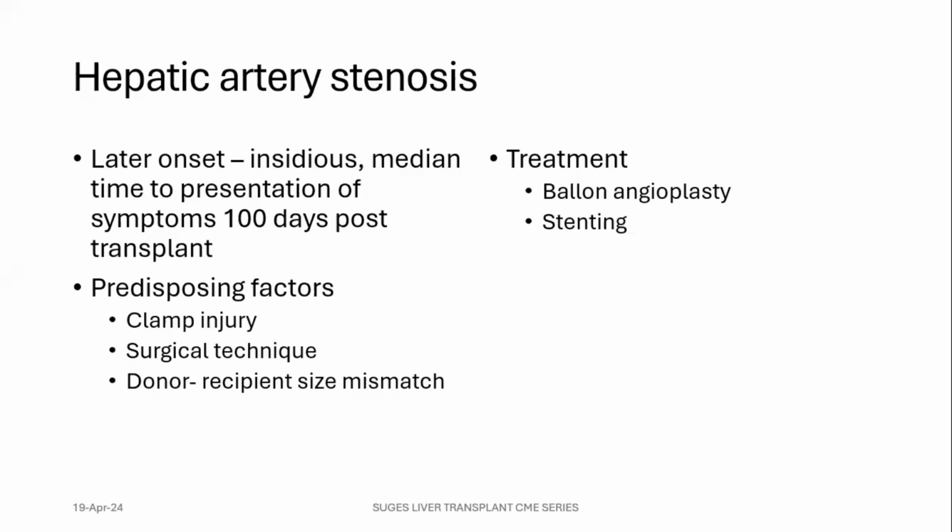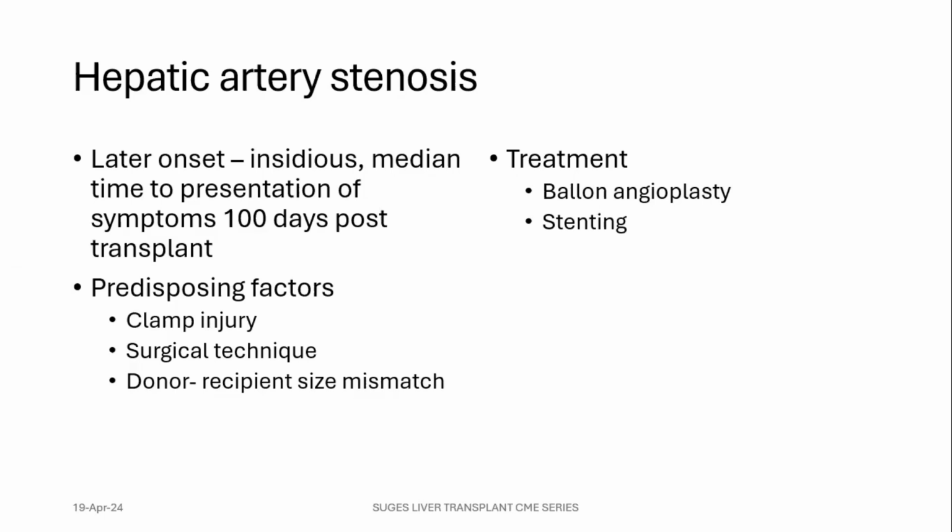That can cause injury to the intima and to the artery, and that can end up resulting in stenosis. Of course, if you have poor surgical technique, very many sutures, and a lot of cautery around the hepatic artery, then you can end up causing that area to get stenosis and fibrosis.